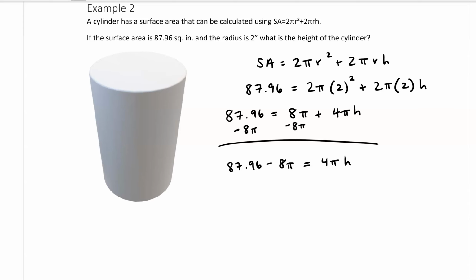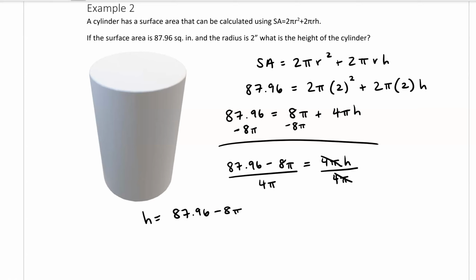Again, we're trying to get h by itself, so the next thing we're going to do is divide both sides by 4 pi. So those will divide out and we'll get that h is equal to 87.96 minus 8 pi over 4 pi.